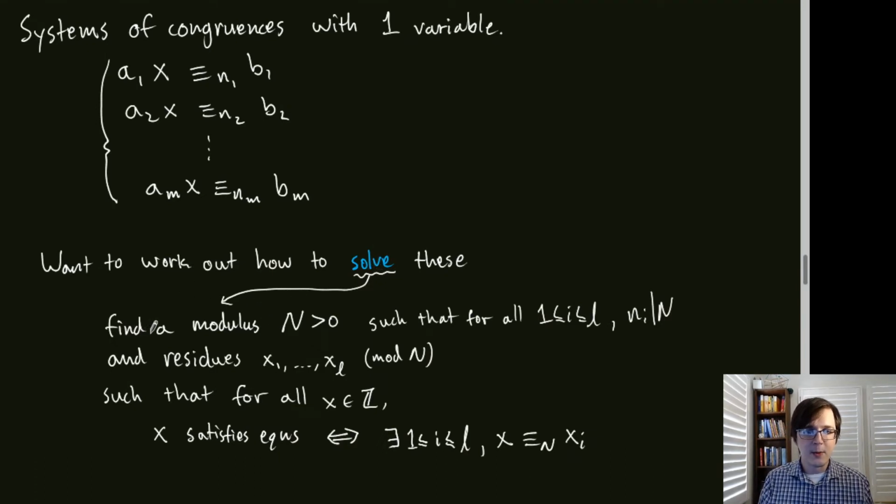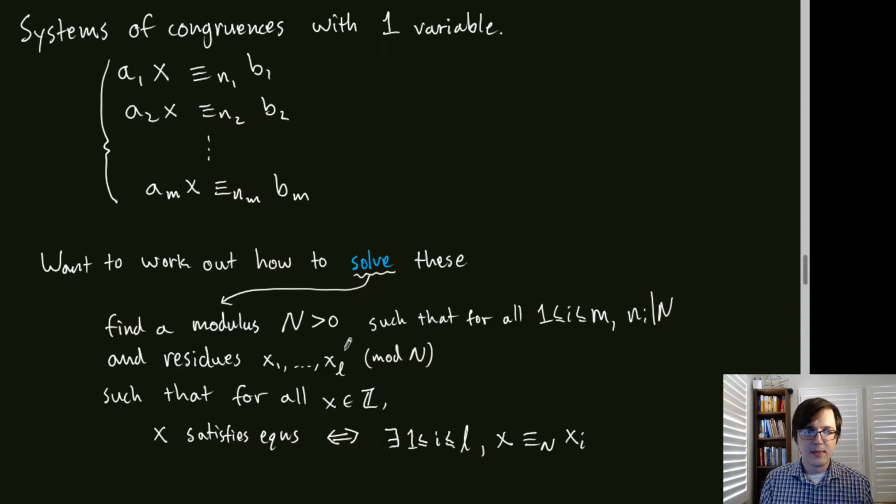It means that we want to find some other modulus capital N, which is positive, such that for every i, Ni divides N, for each i from 1 through m.